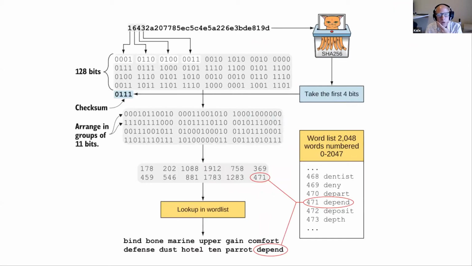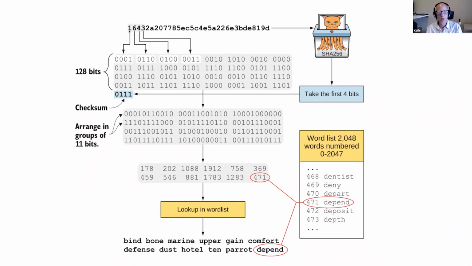I'm showing you this algorithm for going from the entropy to the mnemonic. We are starting with the entropy up here, and we are organizing it in groups of 4 bits.